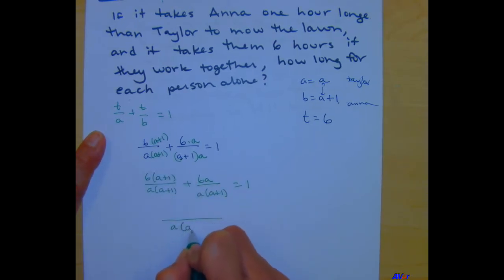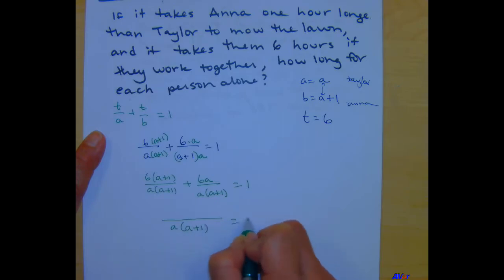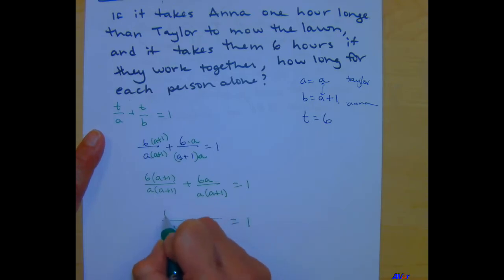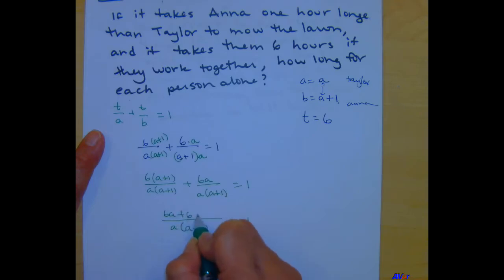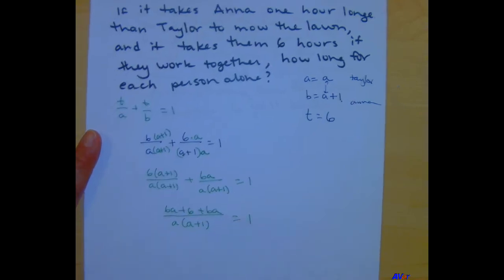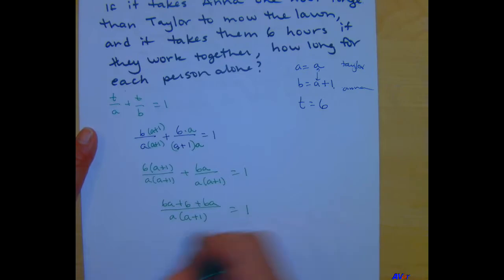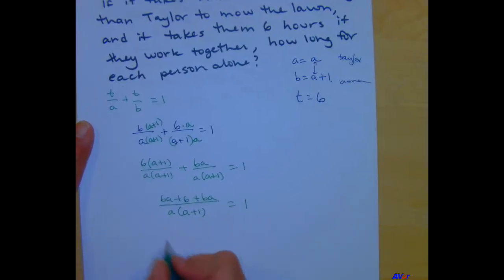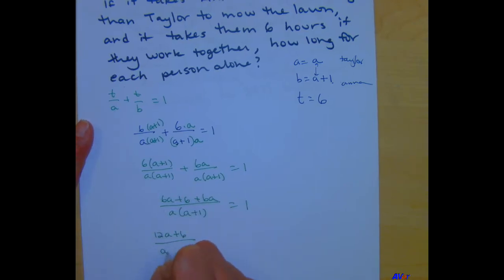So I have A times A plus 1 as my denominator, and I'm going to get 6A plus 6 plus 6A. What do I have? I should have started going sideways. So I have 12A plus 6 over A times A plus 1 equals 1.